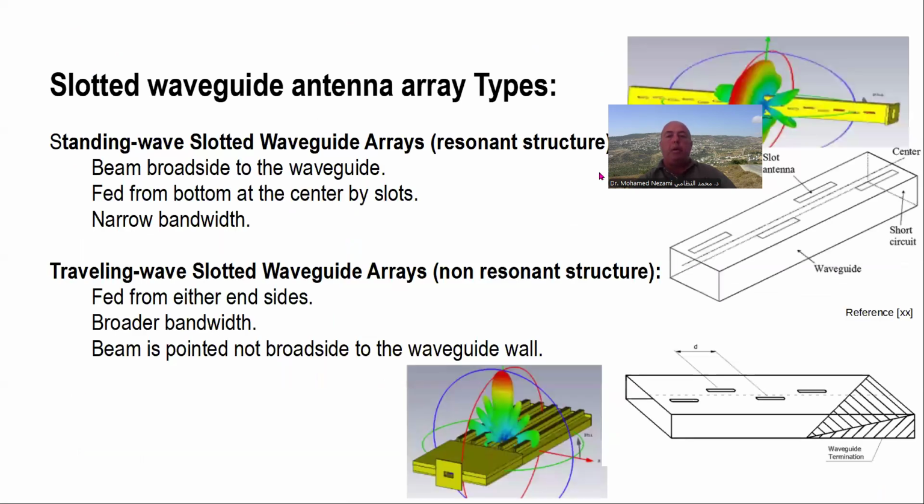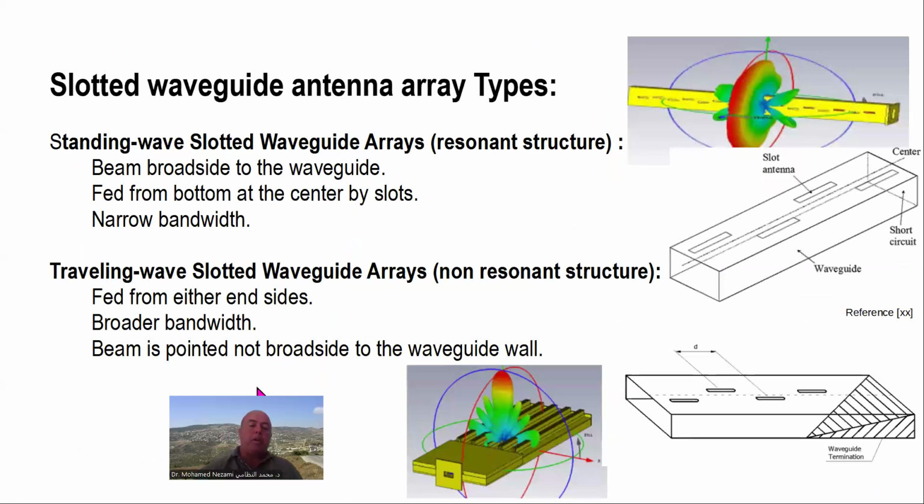Now, what are the types of slotted waveguide antenna arrays? We have two types, okay? We have one that we call a standing wave slotted waveguide, and another one which is based on a traveling wave slotted waveguide.